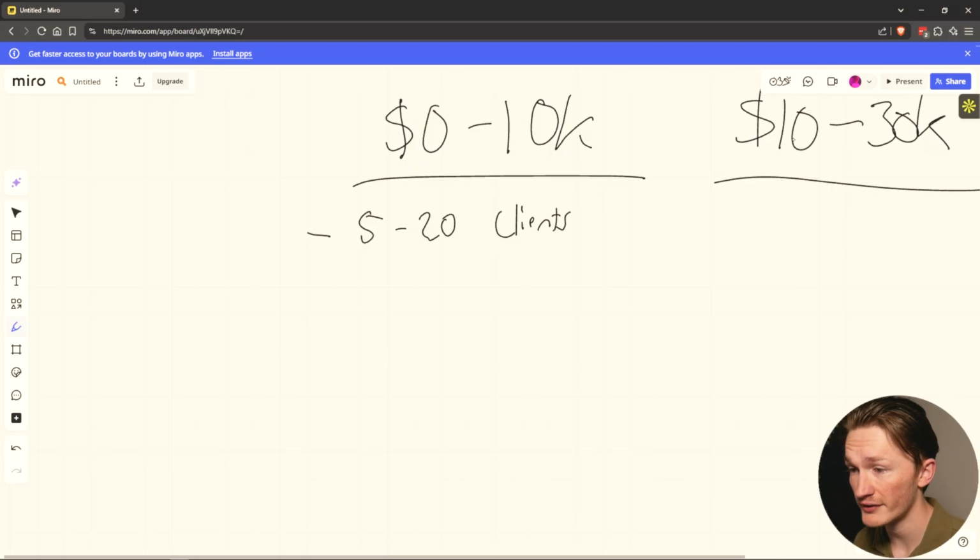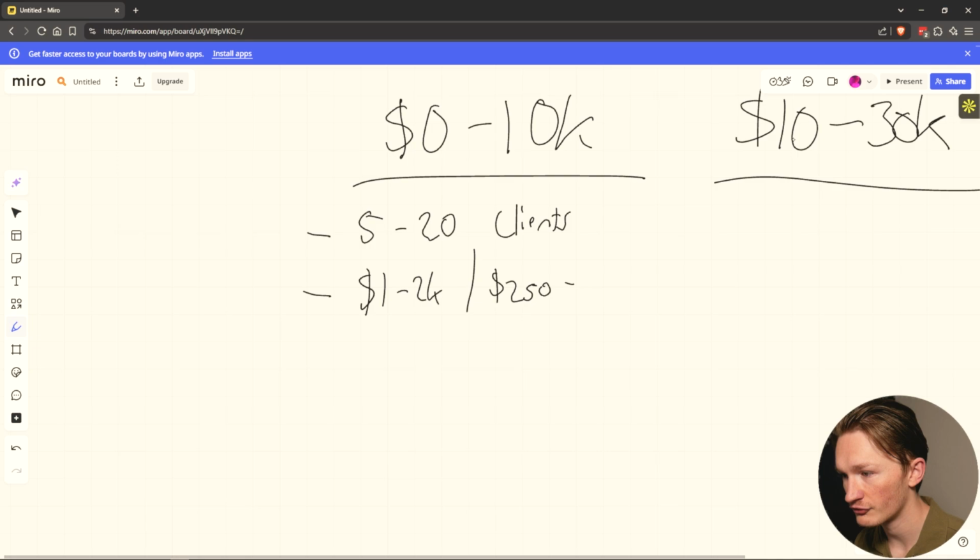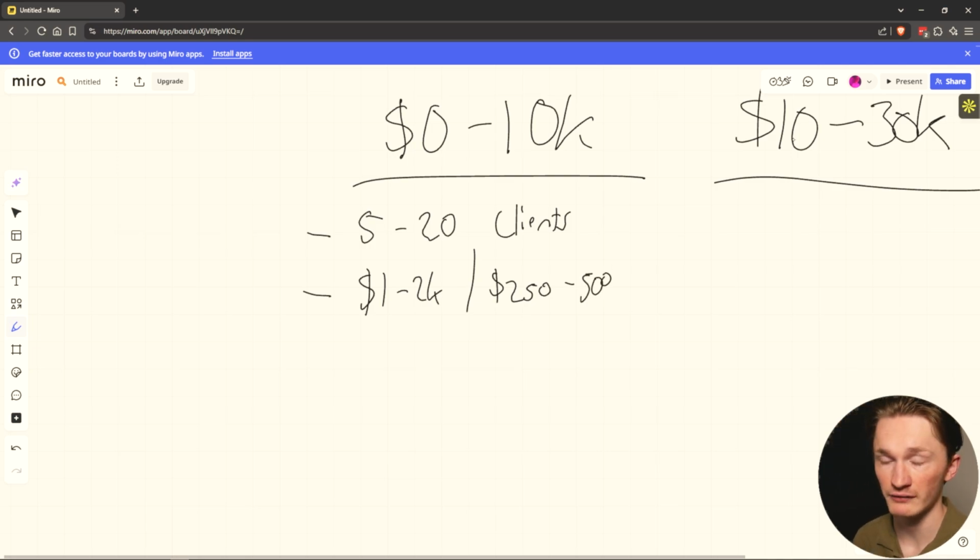You might have a few clients paying you a lot, like 3 clients paying you maybe 1 to 2k each, or you have the other end, which is basically loads of clients paying you like 250 to 500, and so regardless of what level you have, you're still not getting above like 5-10k a month here, because again, this is where people get stuck.